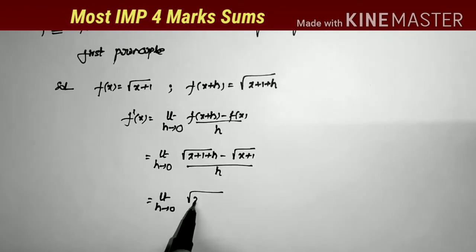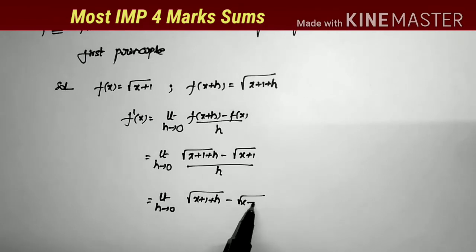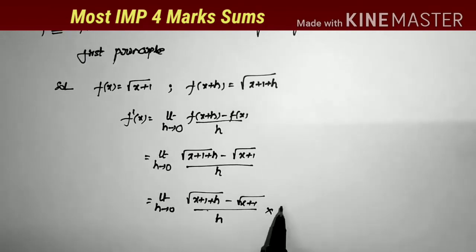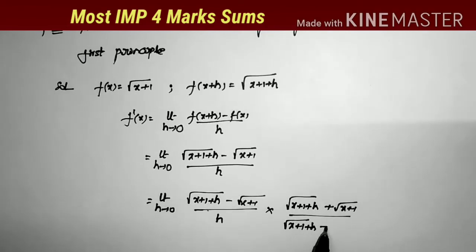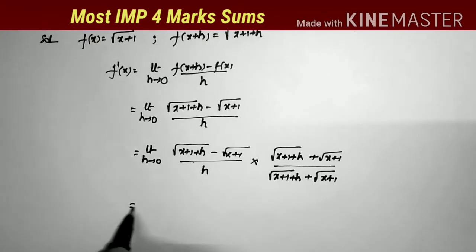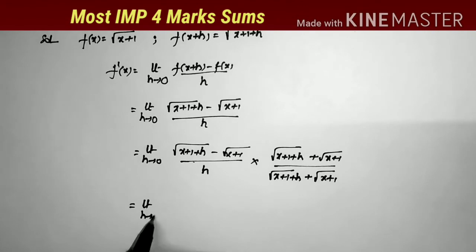In the next step we take the rationalization, that is root x plus 1 plus h minus root x plus 1 by h, into root x plus 1 plus h plus root x plus 1 by root x plus 1 plus h plus root x plus 1, and this is equals to limit h tends to 0.